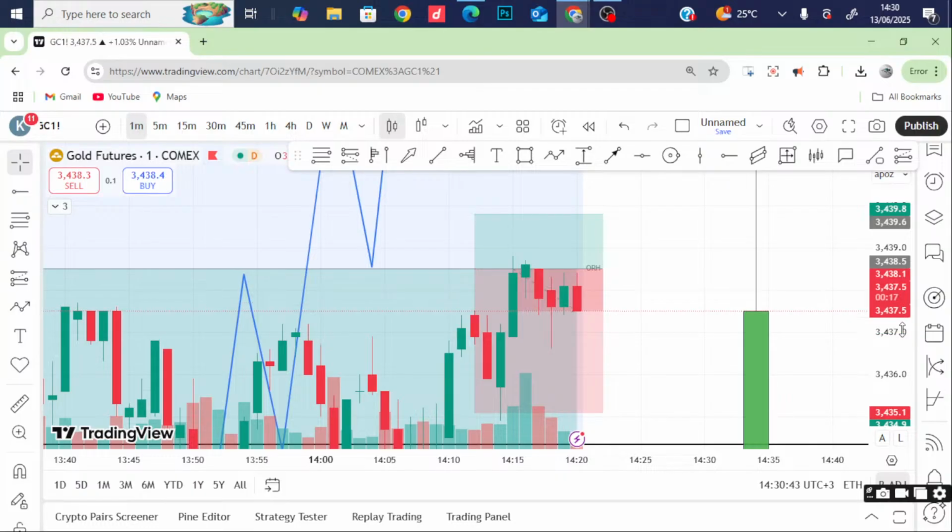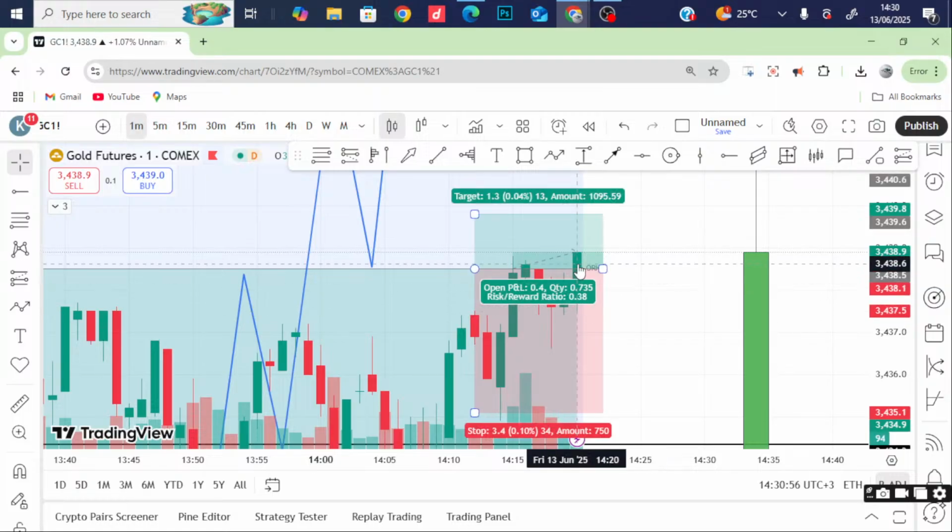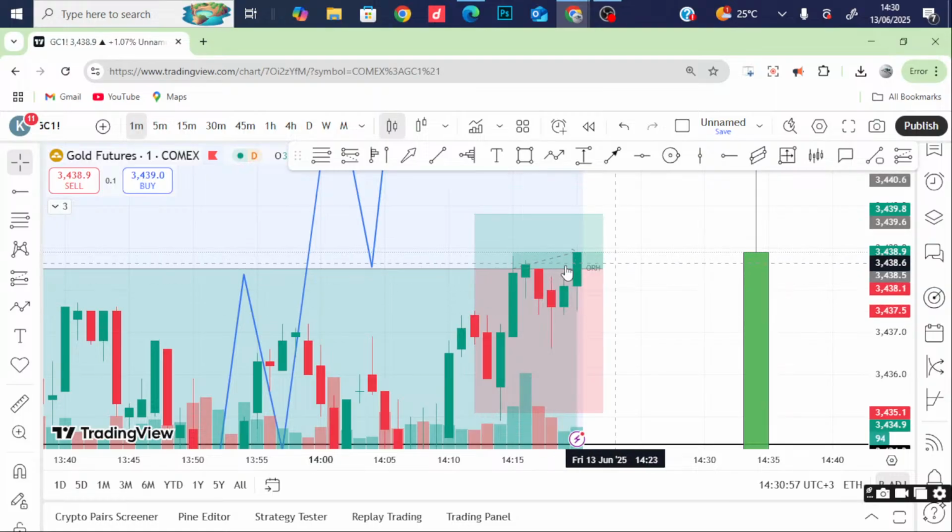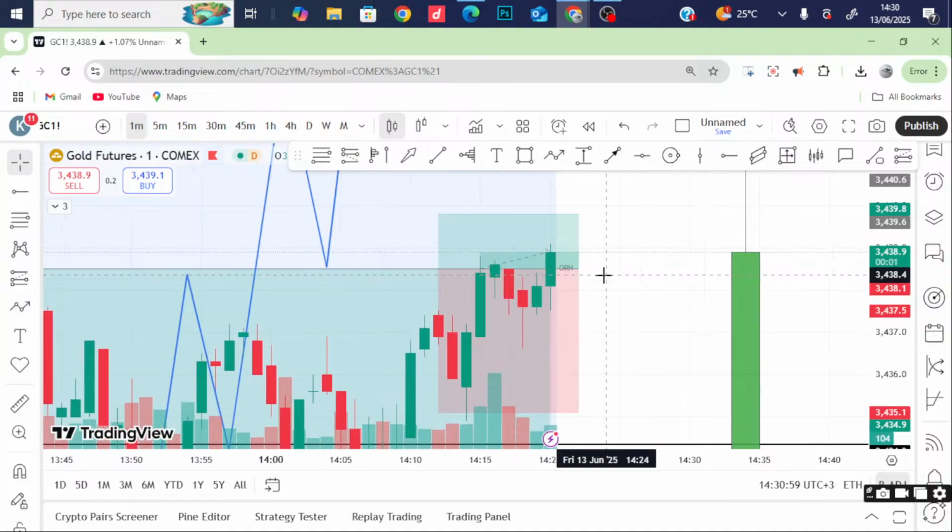Ooh, this is a very nice trade on gold. A very good trade on gold. Very nice one. It broke the ORB. It has already broken the ORB.